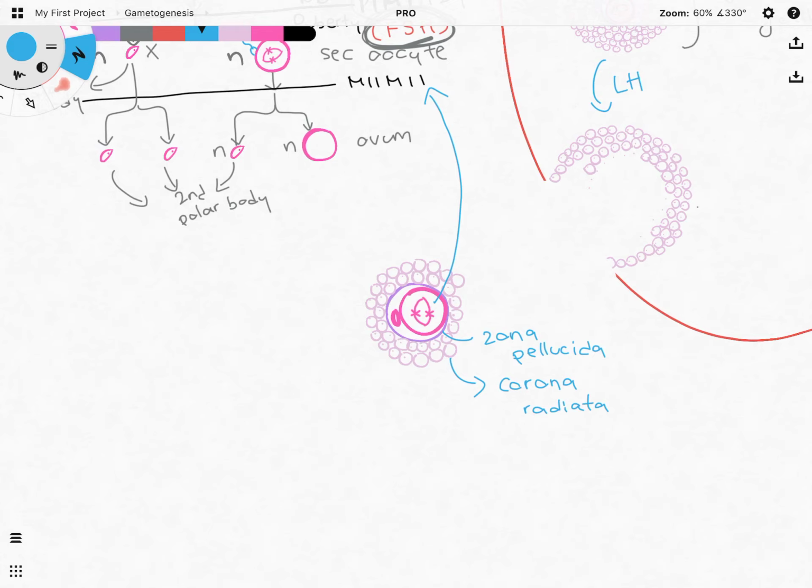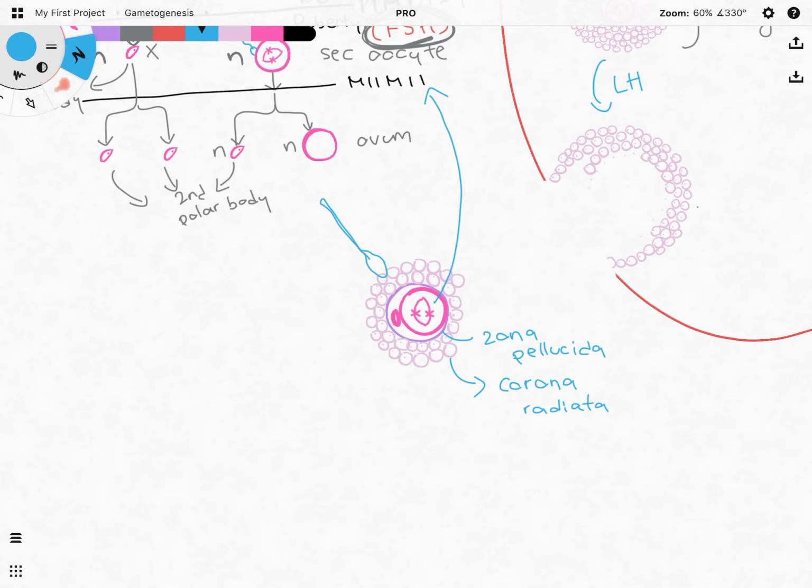Now, when will metaphase 2 of meiosis 2 continue on to completion? If a sperm fuses with the secondary oocyte. So right now, imagine a sperm has arrived. I'm going to draw a sperm. One of the first things the sperm will do is to push its way through the corona radiata, like push aside all the follicle cells.